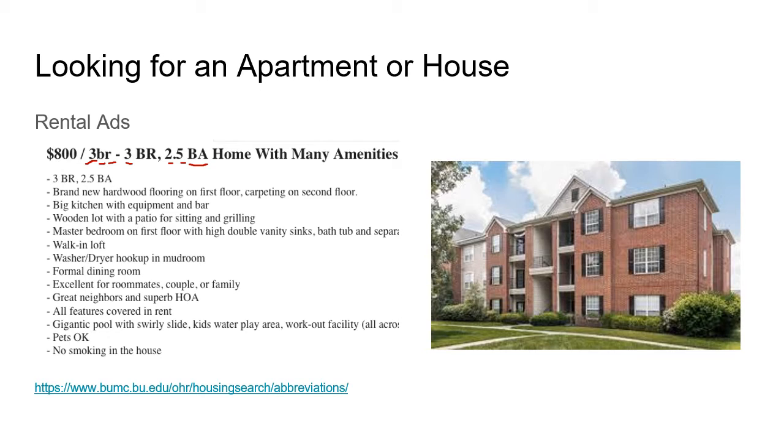Let's look at some of the other features that this house has. You can see that they have brand new hardwood flooring, big kitchen. I'll jump down here. A washer dryer hookup, which means washer and dryer is not included, but they have hookups for you to put a washer and dryer in the unit.